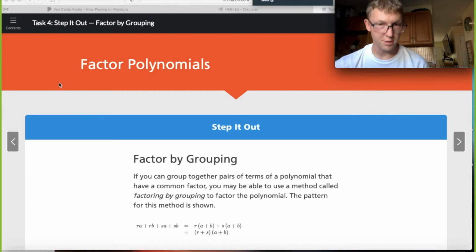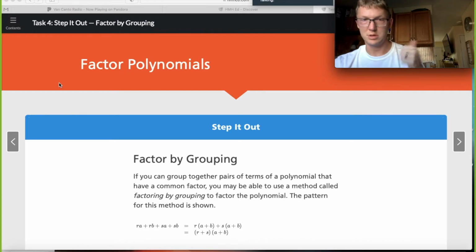So the third step in factoring our degree 3 polynomials is factor by grouping. So remember, step 1 is find the greatest common factor, pull it out, use the distributive property. Number 2 is we then went over some of the common or typical patterns that you might see. And so number 3, you can also try factoring by grouping.